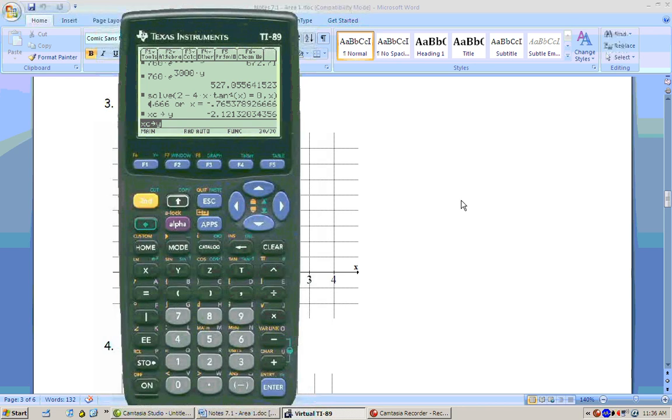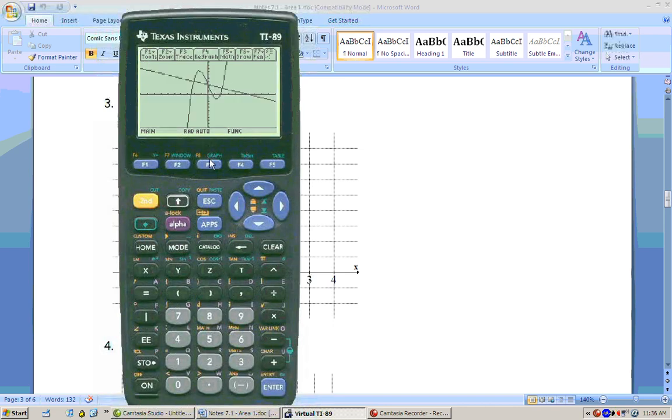On my paper, however, I'm going to jot down that the x value of that point of intersection is negative 2.121. You need to write down everything that happens throughout this process. Okay, so that first x value is stored in y.